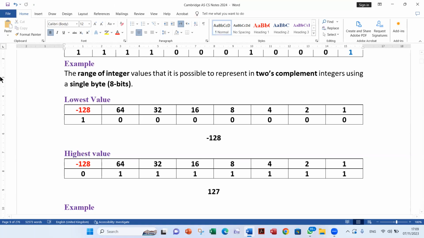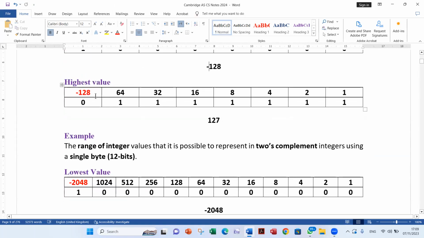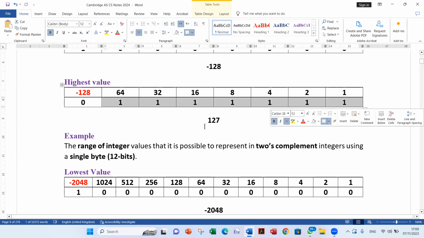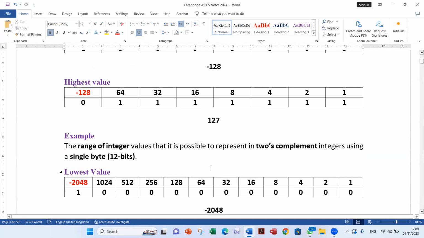The highest value in 8-bit two's complement, you cannot put 1 here. You have to put 0, otherwise the value will be negative. And you fill all the rest with 1s, so you get the most out of them. So it's going to be 64 plus 32 plus 16 plus 8 plus 4 plus 2 plus 1, which is equal to 127.